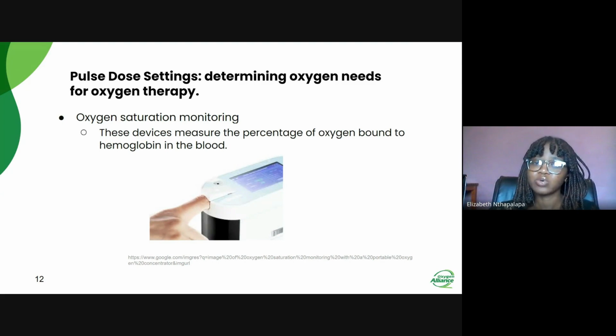This gives a heads up to say, okay, this therapy session is working perfectly, as the person is able to maintain an oxygen saturation of about 90%, or maybe we should adjust the dose setting, as the saturation is still decreasing with time. So we are able to appreciate that these are determining factors of oxygen therapy. Another thing that we need to look into is the activity level and breathing patterns.